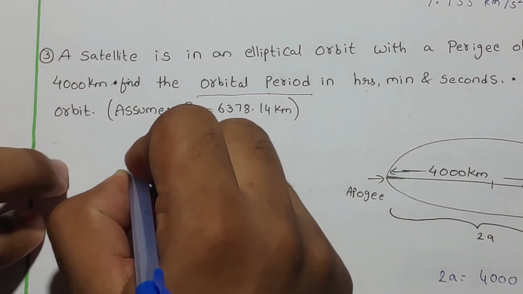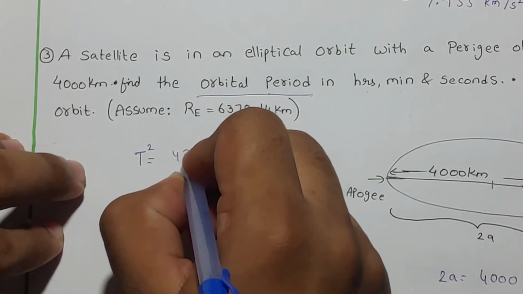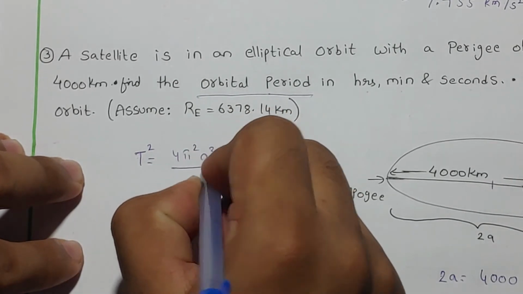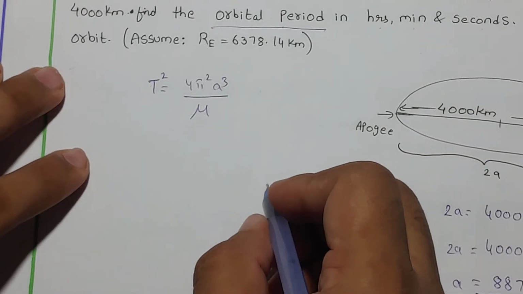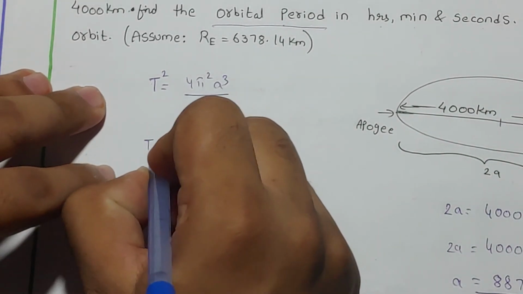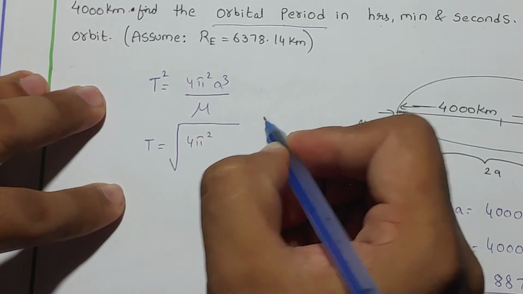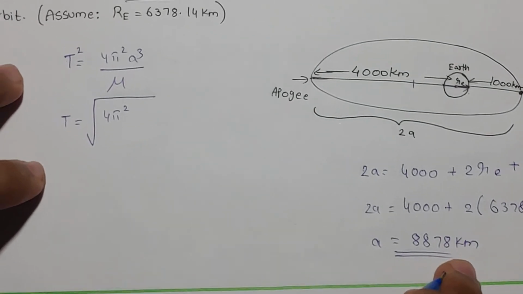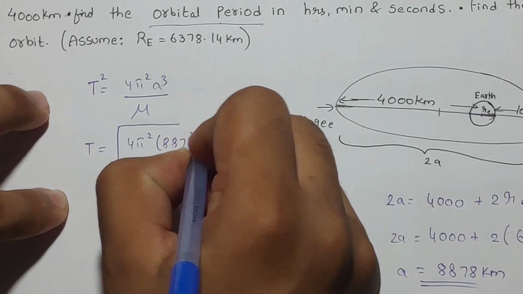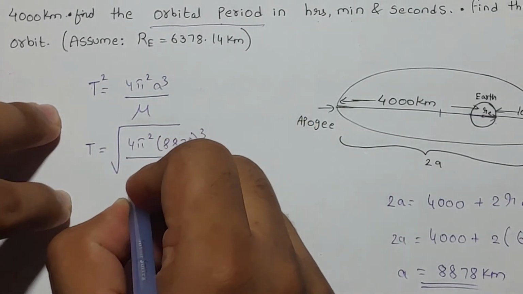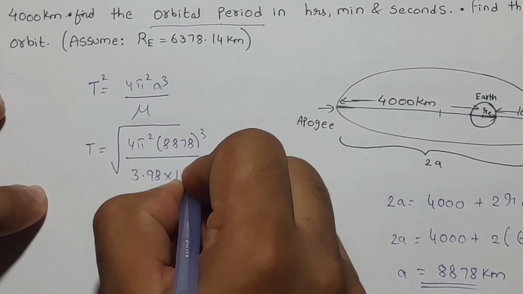We know that orbital period T is given by T square is equal to 4 pi square a cube divided by mu value, that is Kepler constant. So we could write this as square root of 4 pi square times the a value, which is equal to 8878, that is 8878 cube divided by mu value, that is 3.98 into 10 to the power of 5, right?